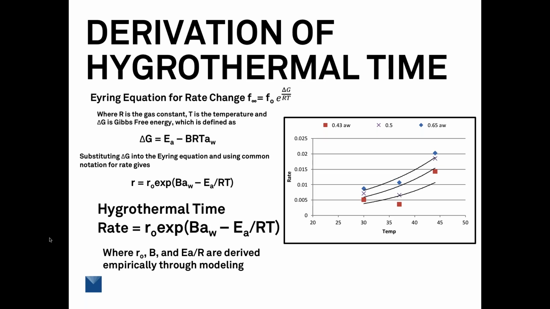And so if we take the Gibbs free energy portion, we can do a derivation of the Gibbs free energy that actually includes water activity as well as an activation energy.